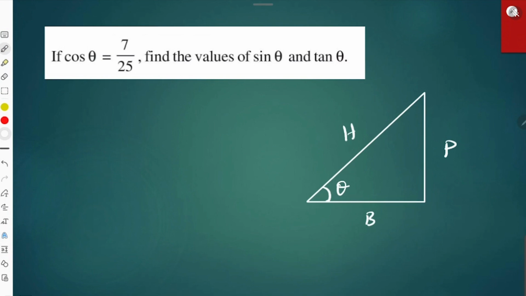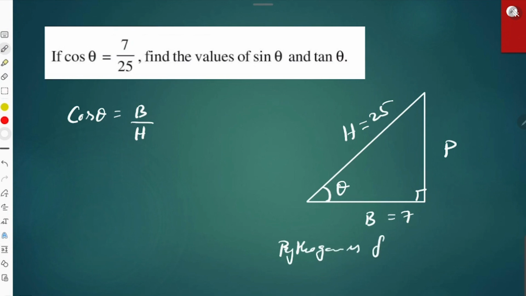So what is the definition of cos theta? Base divided by hypotenuse. So what is the base here? 7. What is the hypotenuse? 25. So by Pythagoras formula, hypotenuse square equals base square plus perpendicular square.